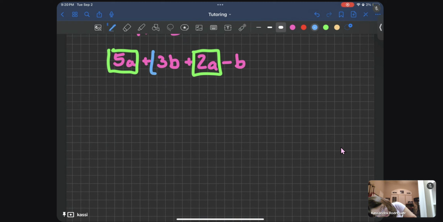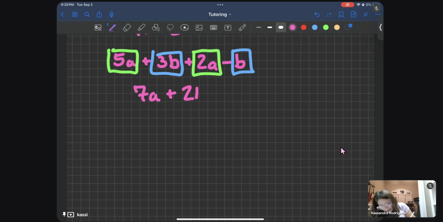And we have our b's here, 3b and 1b. Since these are both positive, we've got 7a plus, we have 3b minus b, so that would be 2b. 7a plus 2b. That's how we combine like terms in this case.